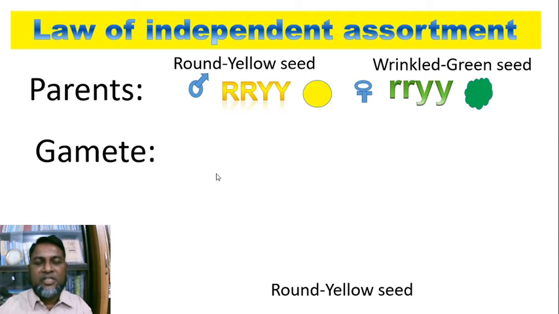During gamete formation, from two capital R, one capital R comes to the gamete.